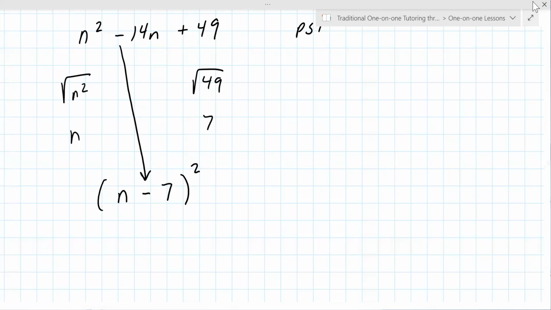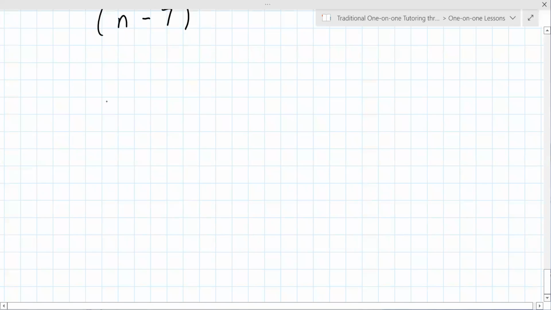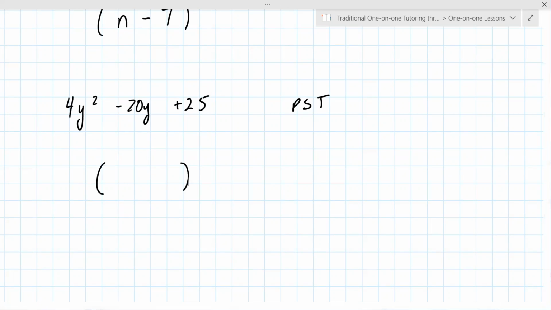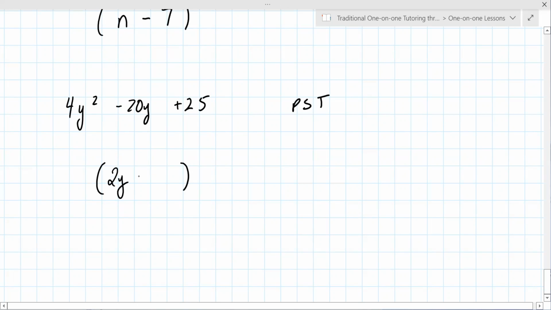So if I give you a problem like this to try on your own, 4y squared minus 20y plus 25, and I do tell you that this is a perfect square trinomial, can you tell me what this factors into, please? Yes. 2y minus 5.